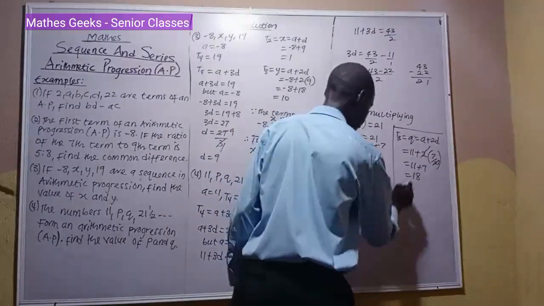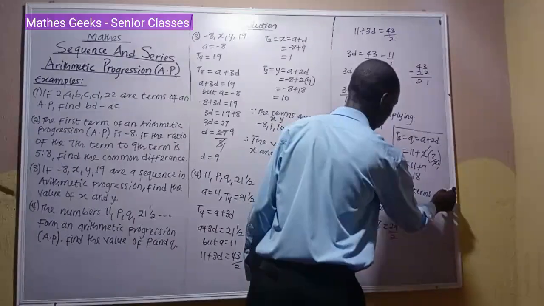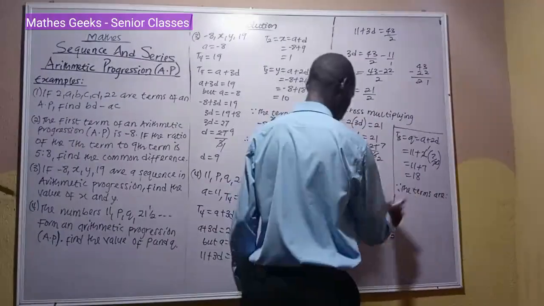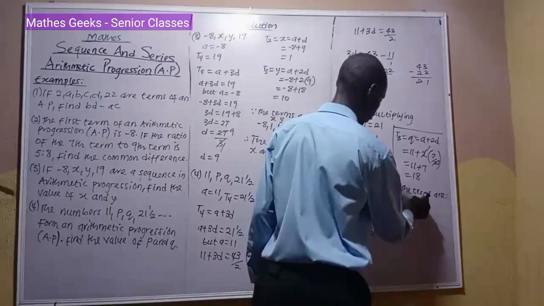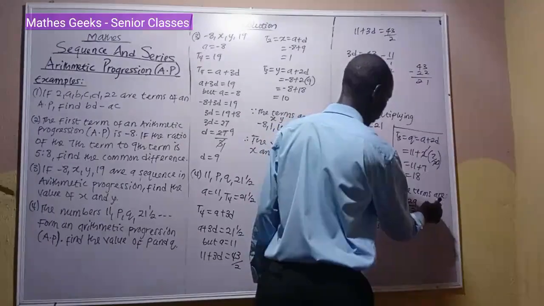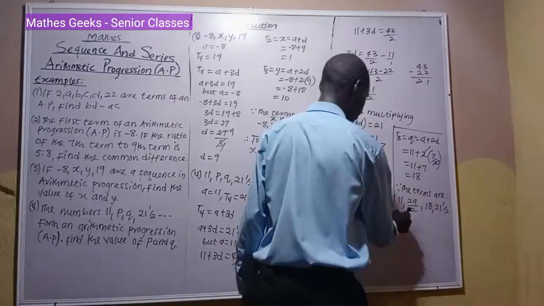So we say therefore the terms are 11, 29 over 2, 18, and then 21 over 2.